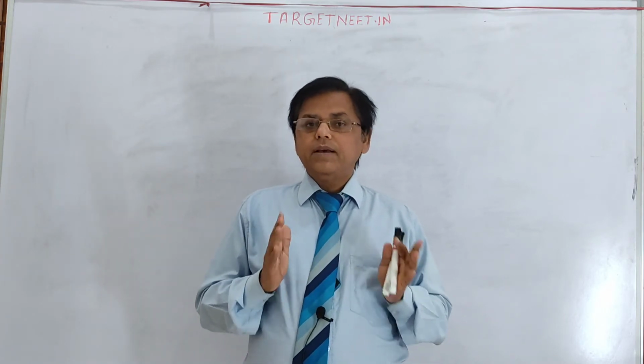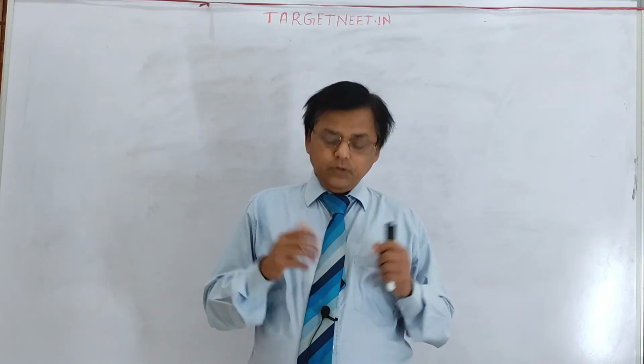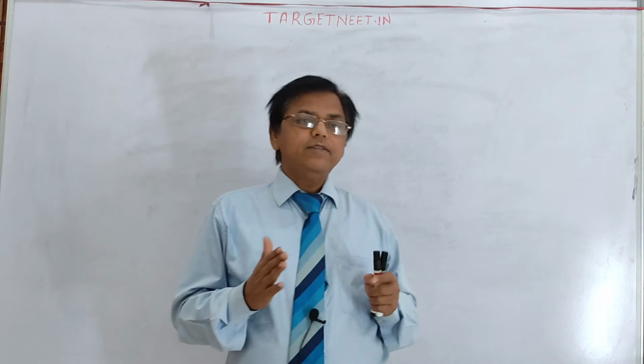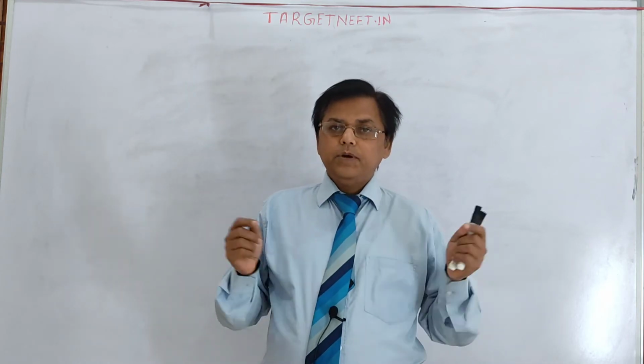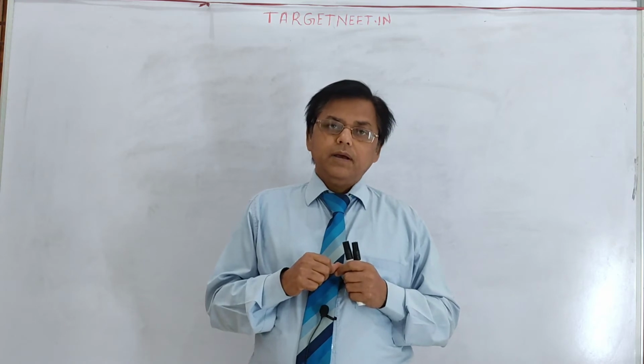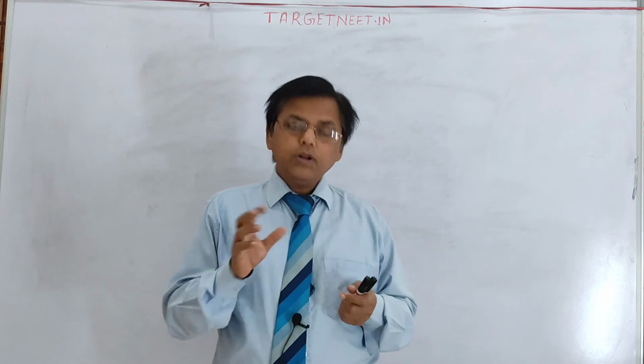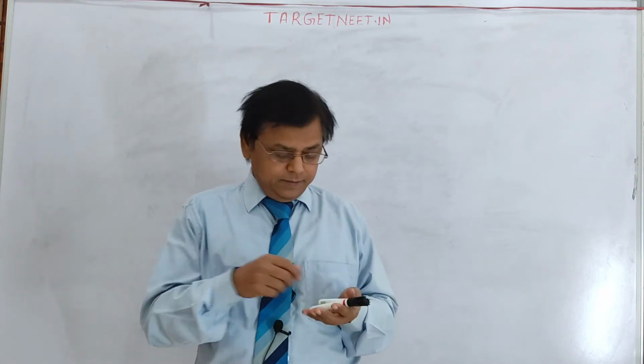So here I am taking the example of 2 lenses in contact. Let us see 2 convex lenses first, kept along the same axis, coaxially placed, and how we are going to find the combined focal length of these lenses or combined power of these lenses.